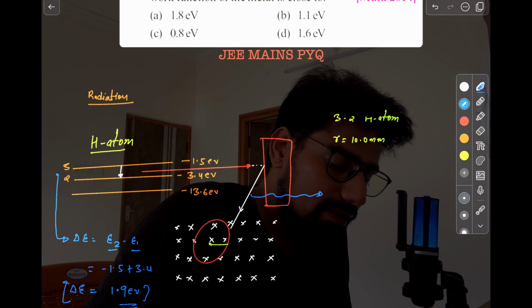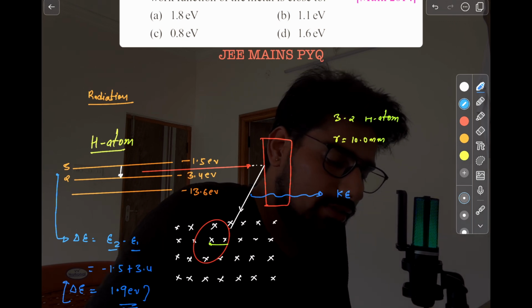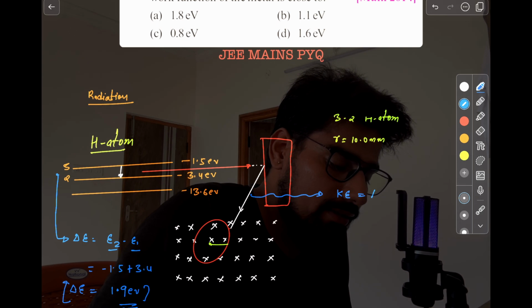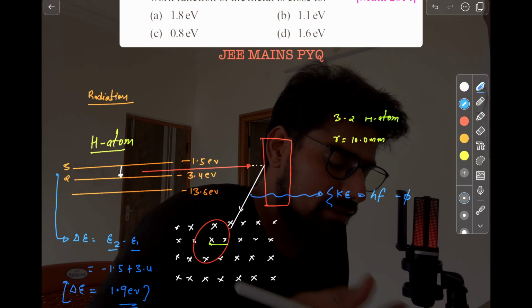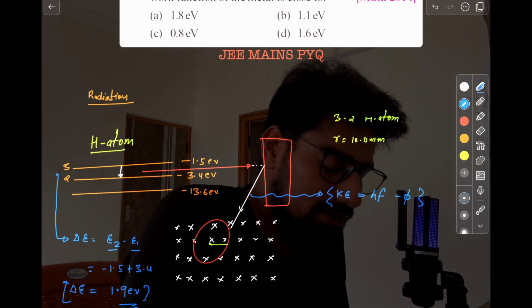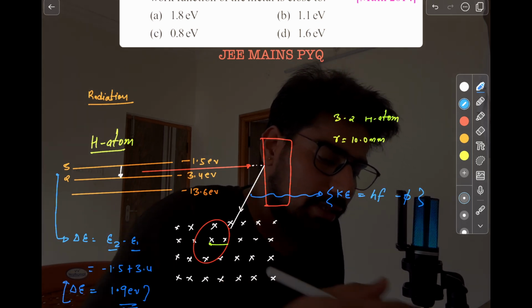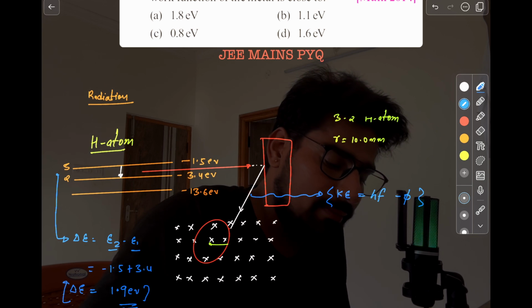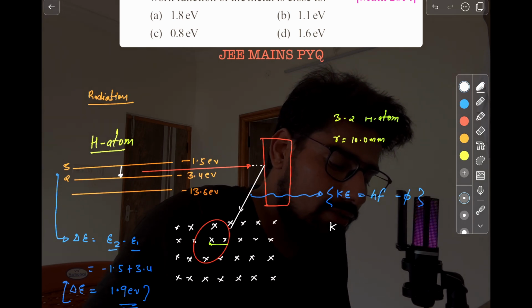So we can say kinetic energy is the energy of photon, h nu, minus phi. Phi is our work function. This is Einstein's equation of the photoelectric effect. We are going to apply this, right? So from here I can say that the kinetic energy is basically 1.9 minus phi.